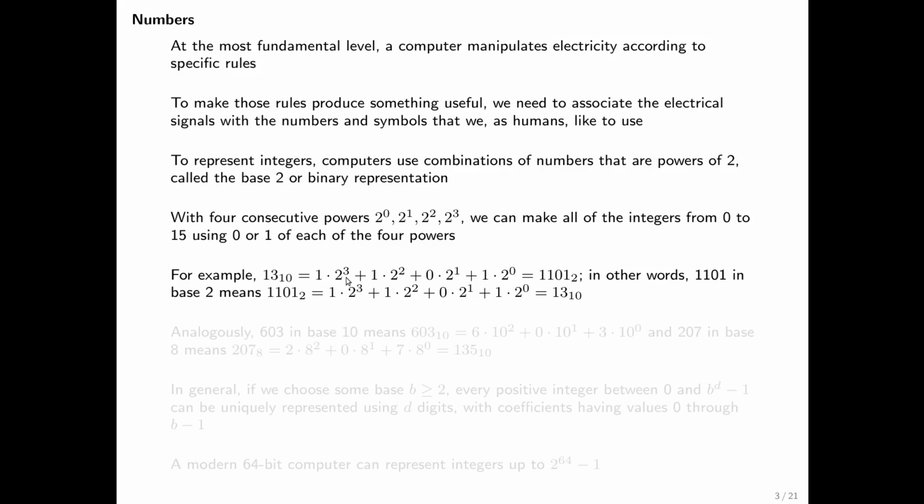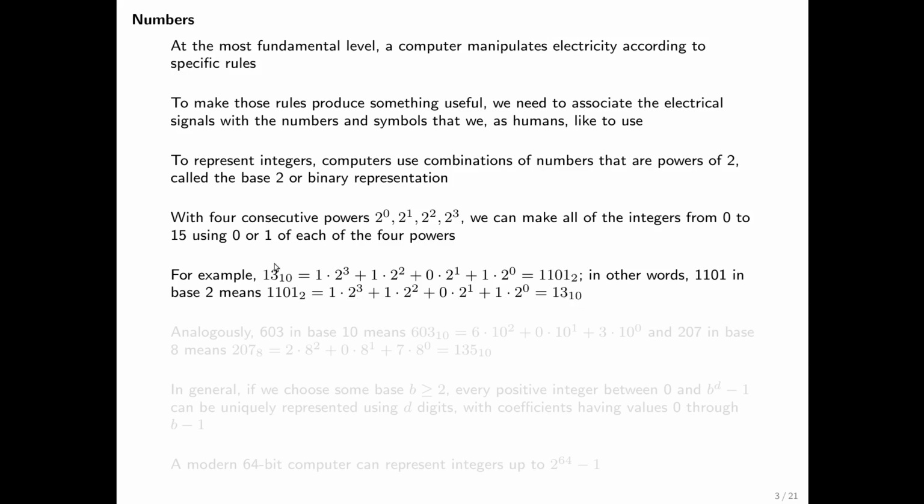It's 1 times 2 to the 3 plus 1 times 2 to the 2 plus 0 times 2 to the 1 plus 1 times 2 to the 0. So we say that 13 in decimal is simply 1101 in binary. In other words, 1101 in binary is simply this expression which evaluates to 13 in decimal.